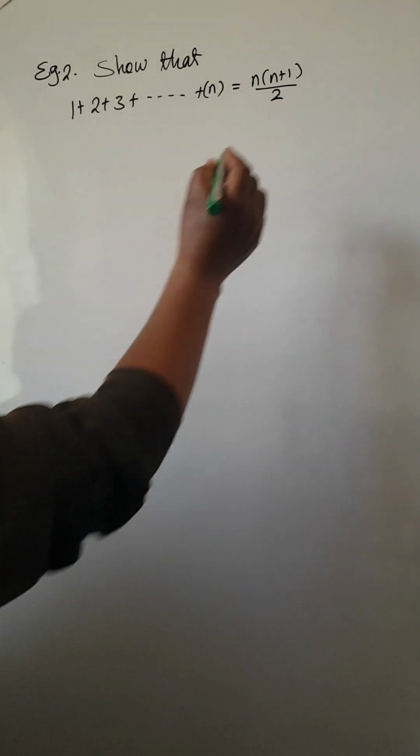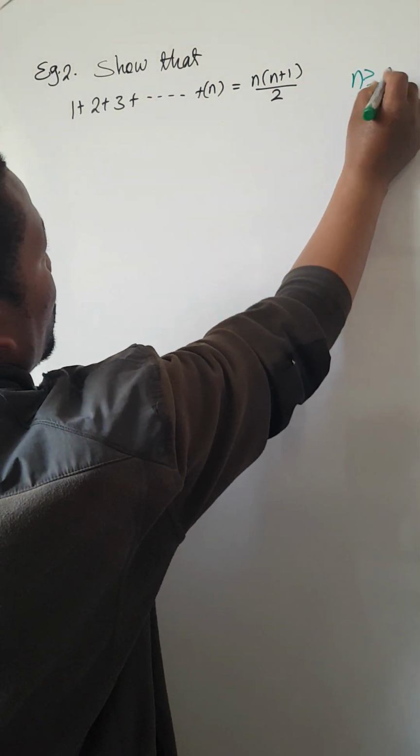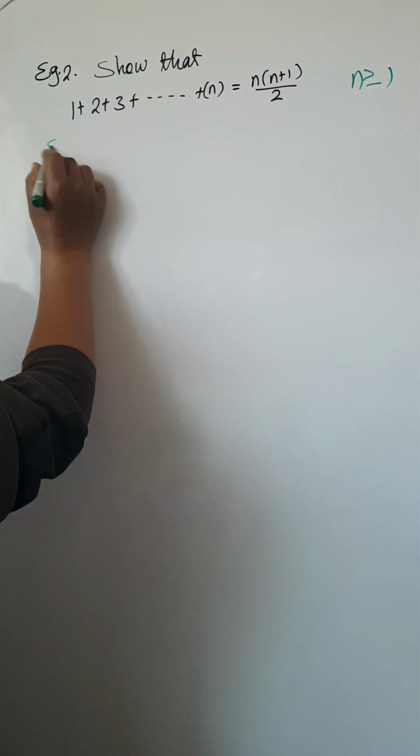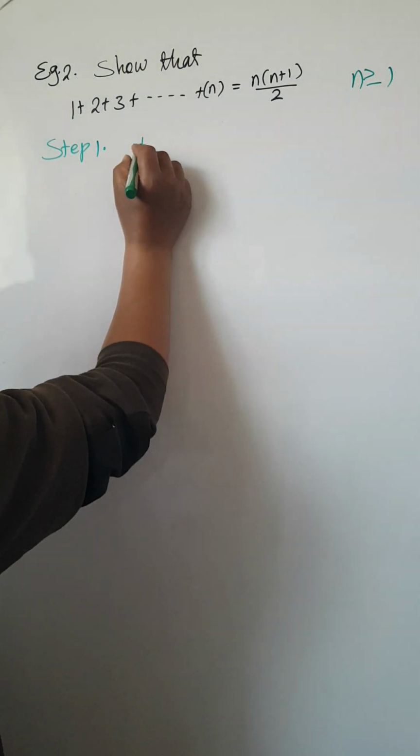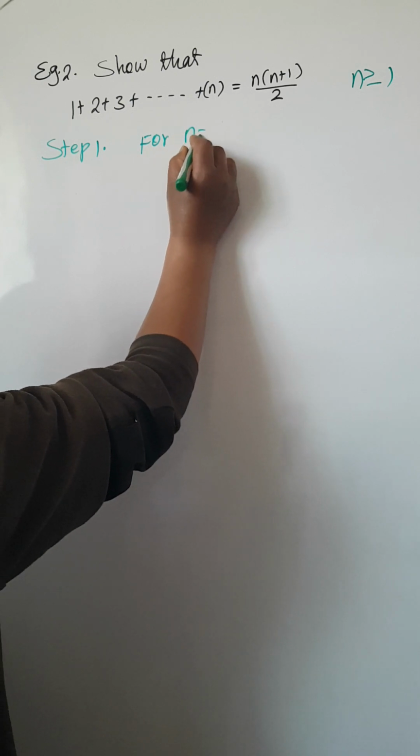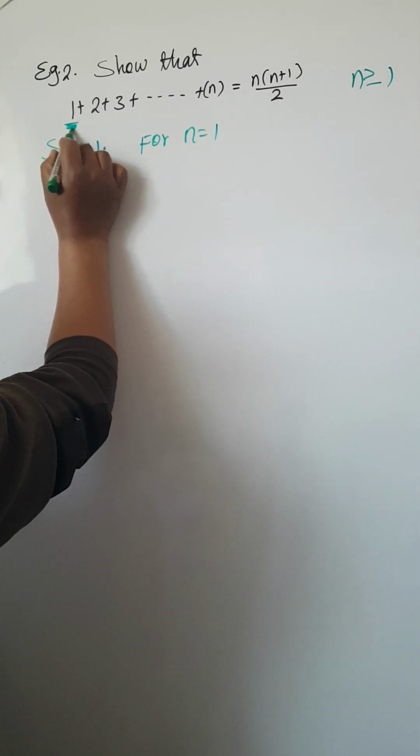Good. Now remember our first step. Our first step is to show that this holds true for n is equal to 1, because we said that n is greater than or equal to 1. So step 1, for n is equal to 1, the first element is this one.